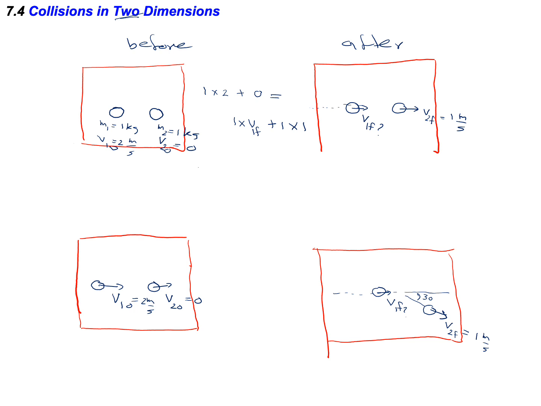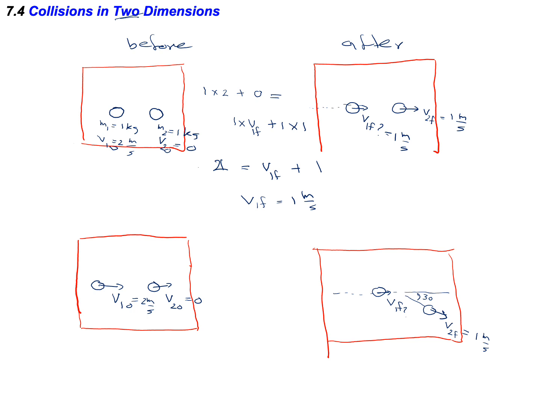So 1 times 2 equals v1 final plus 1. So v1 final is 1 meter per second. Initially it has 2 meters per second, and after the collision this becomes 1 and that becomes 1, because the initial speed is basically split between the two, since the second one also has a mass.